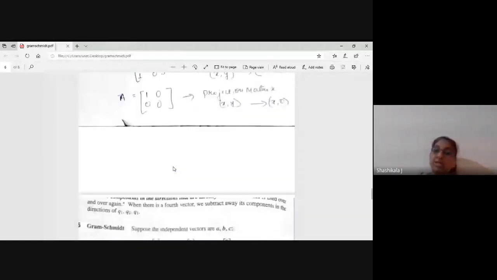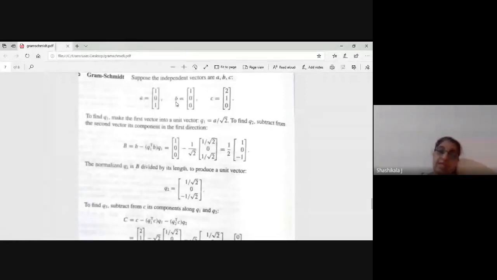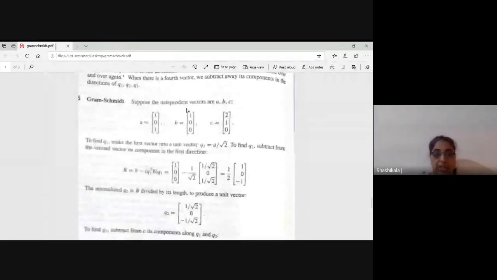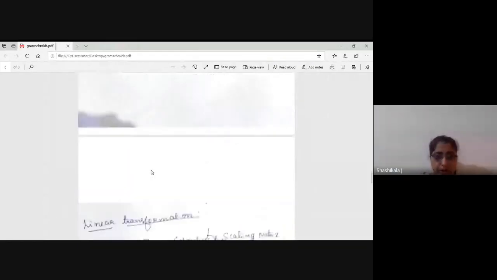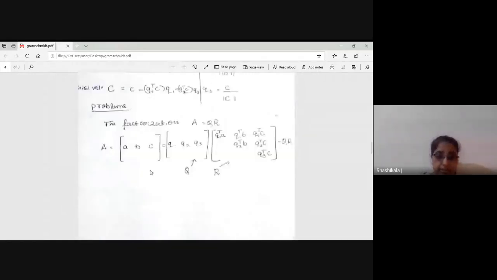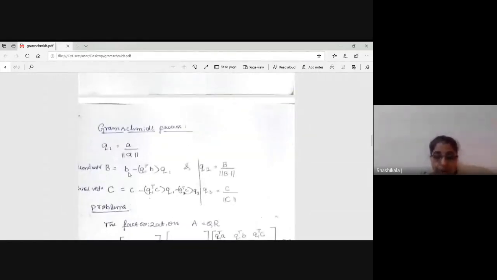So now I am obtaining the capital B such that, in order to make this perpendicular to this, I am subtracting that Q1 component of this matrix. That's what they have given here. That is the meaning. Anyhow, we have to remember this. Okay, and Q2 is obtained.